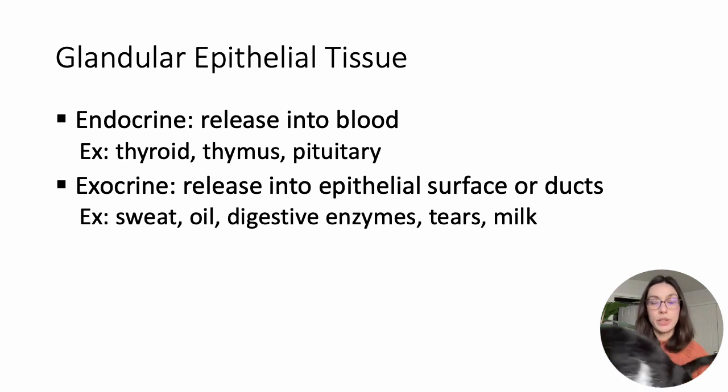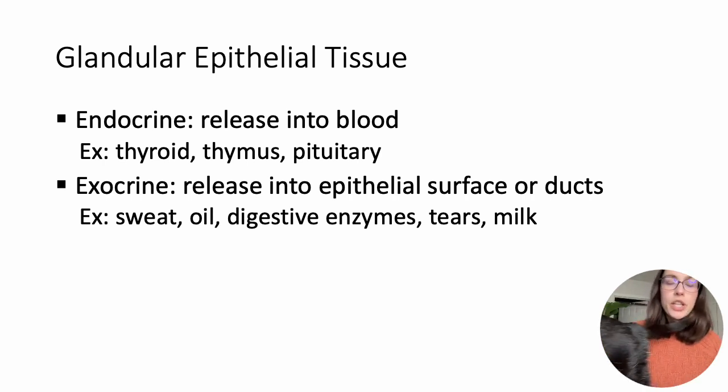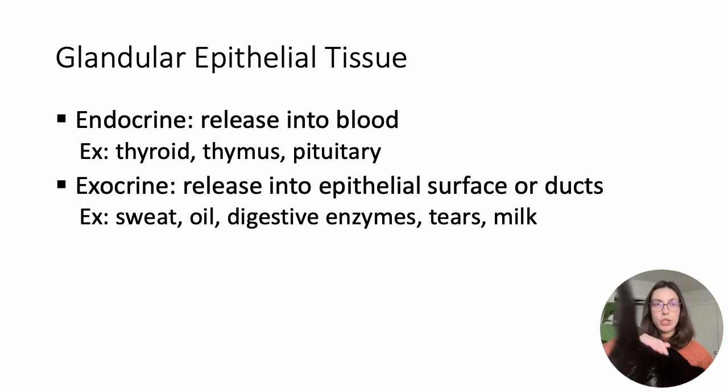Now, exocrine glands are the glands that use some sort of a duct to release their products onto the apical surface of epithelial tissue. So sweat glands, oil glands, digestive enzymes, tears, milk, your earwax, all those are exocrine glands.